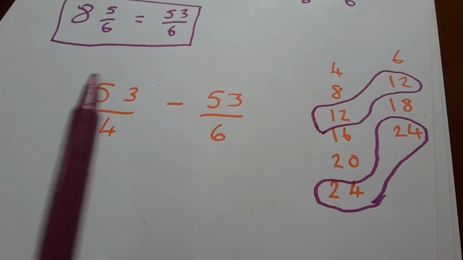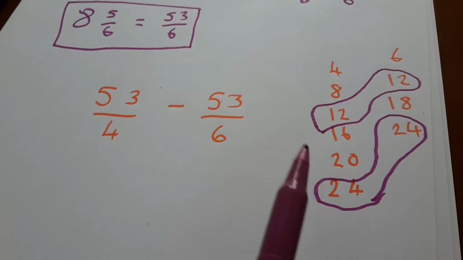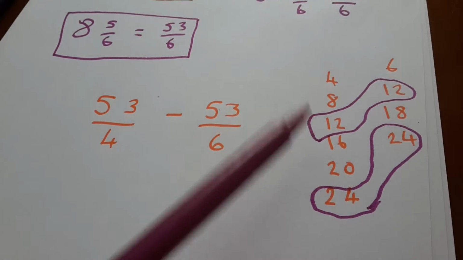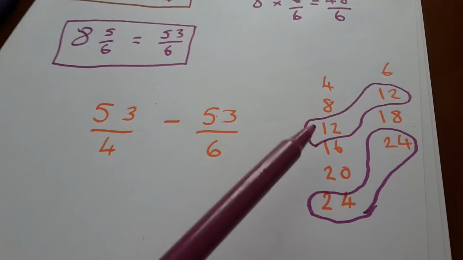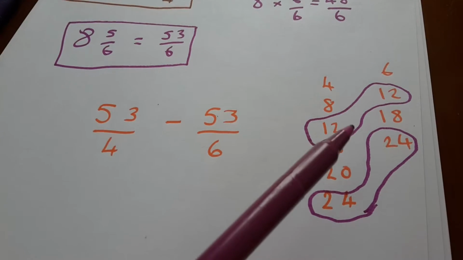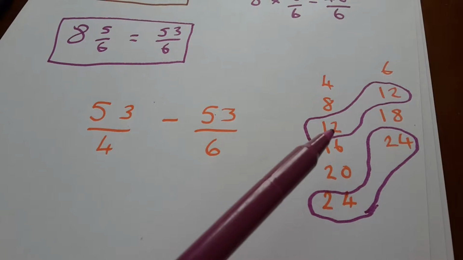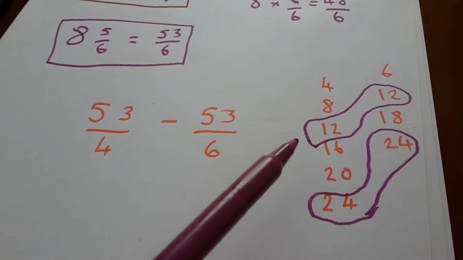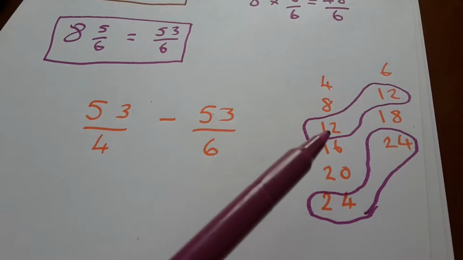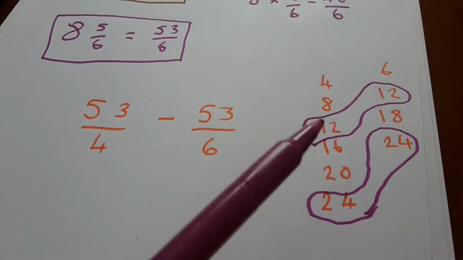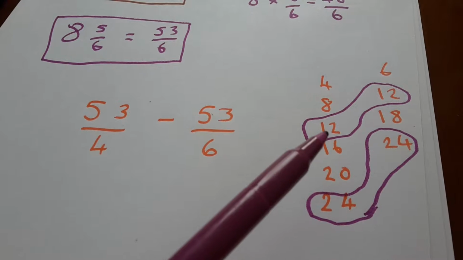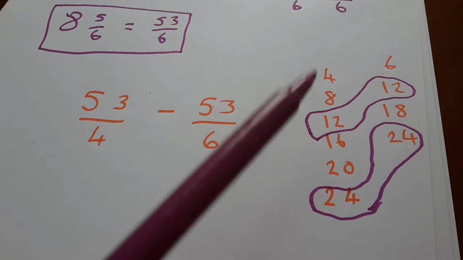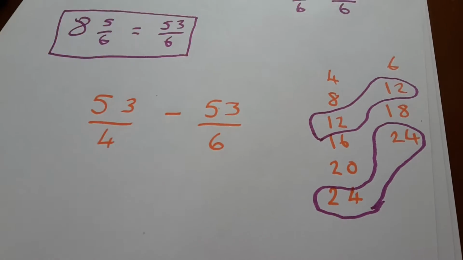But when you've got large numbers on top, it makes your life really hard. And that's why writing down, listing your times tables of your denominators allows you to pick the smallest number you can possibly work with. And this is called the lowest common multiple, because it's the lowest number that both of them will go into. So 12 is the lowest multiple of 4 and 6.